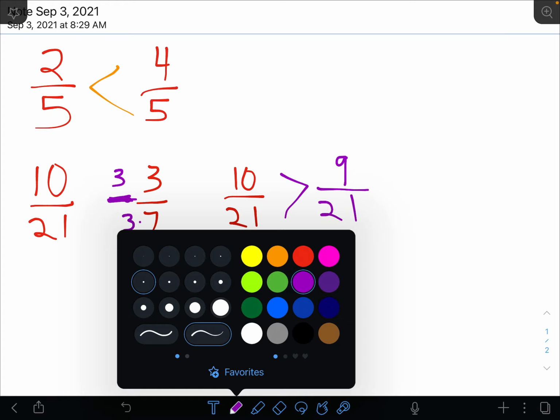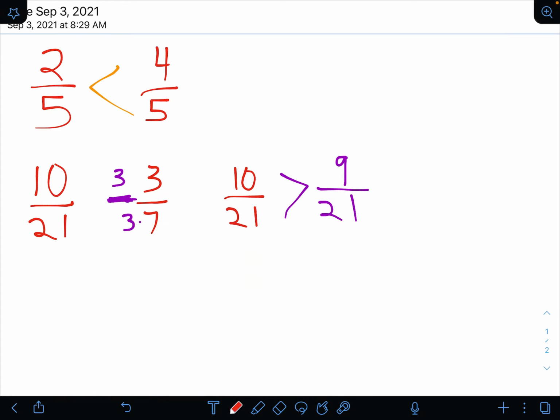Okay, let's look at another one. Let's look at 9/35 versus 5/7. Okay, figure it out. Now, we may look at these and say, okay, 7 can go into 35 5 times, I think.